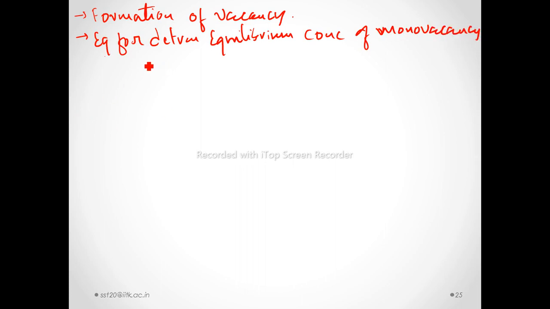Okay, these are the two important things we have learned, and today we are learning about divacancy and its equation, and the experimental determination of enthalpy of vacancy formation.